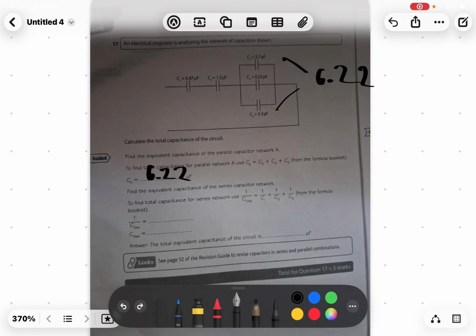So we do 1 over 0.47 plus 1 over 1.2 plus 1 over 6.22. This gives us, what does it give us? Let me just quickly check on my calculator.